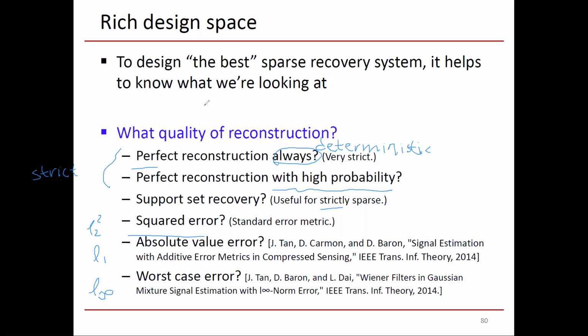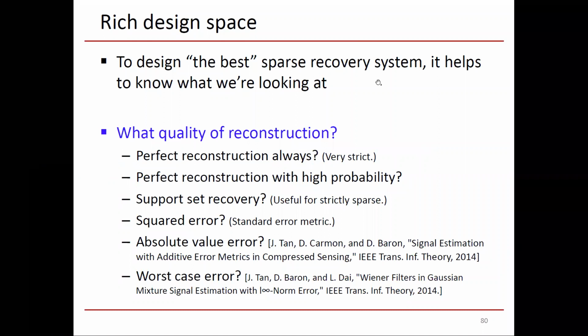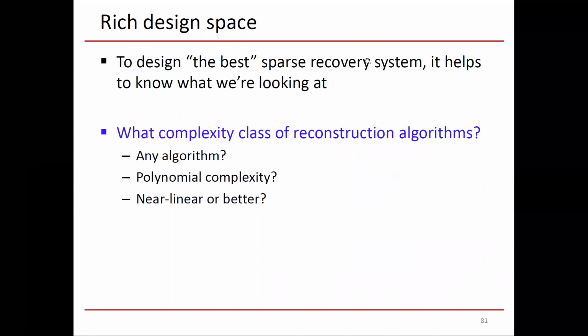So this design space for signal reconstruction has a complicated space of possible signals, a complicated space of possible requirements, what do we deliver, how well do we reconstruct, but also a complicated complexity class. Maybe we're willing to consider any algorithm, no matter how slow it is.